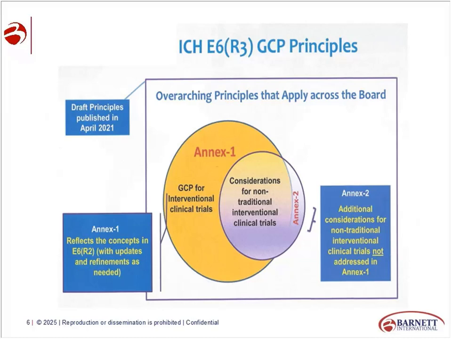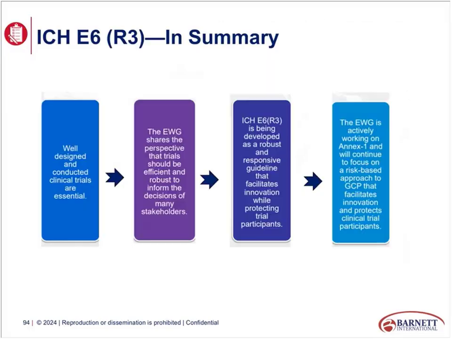And then there's considerations for non-traditional interventional clinical trials, and Annex 2 is on the books for development, and it'll be additional considerations for non-traditional interventional trials that have not been included in Annex 1.